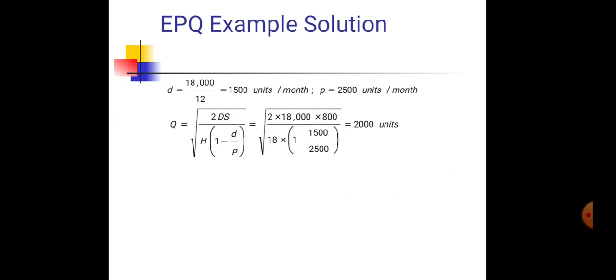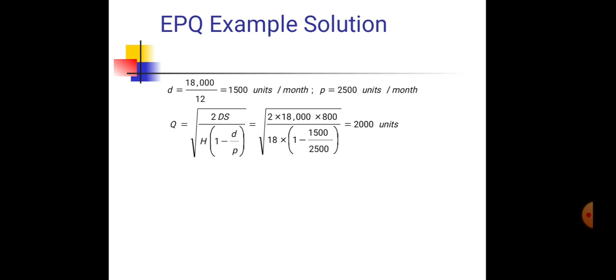Initial D is annual demand, or demand per month, and production per month is given. D and P you can take per month, or find out daily also.